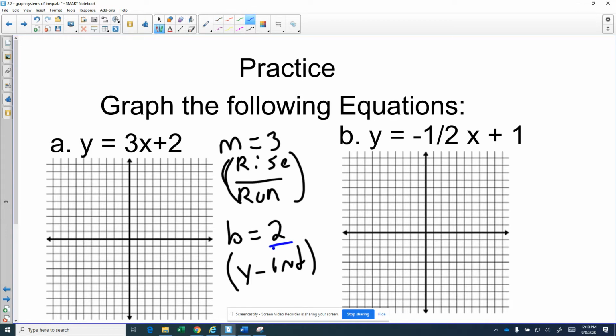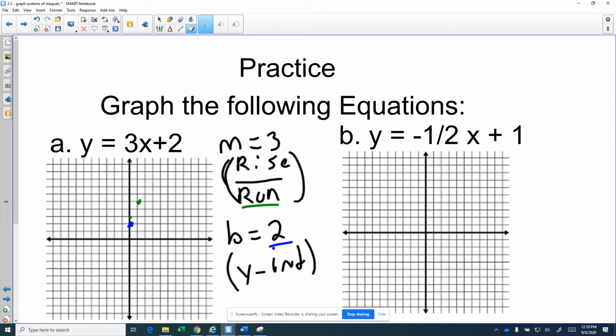Well, now, to actually graph this out, all I have to do is start off with my y-intercept, which is at 2, and plot a point at 2. And then my slope, which was 3, determines my rise and my run. That's basically saying my rise is 3, and because I don't have a number on the bottom, my run is just considered to be 1. So I'm going to start at the 2 and count up 1, 2, 3 over 1.